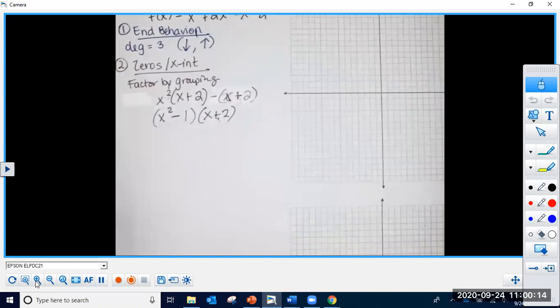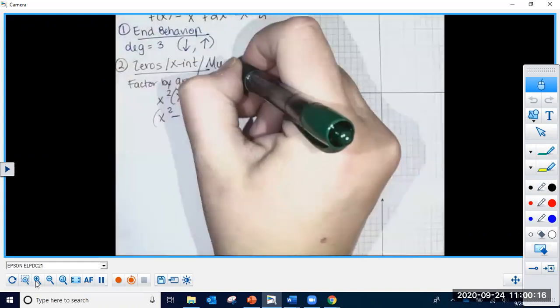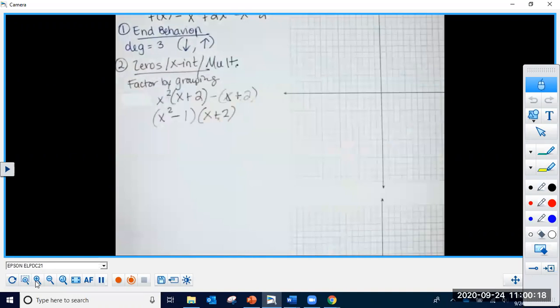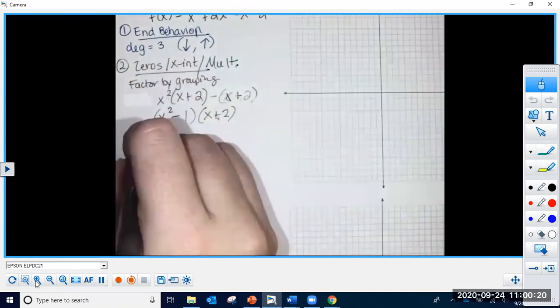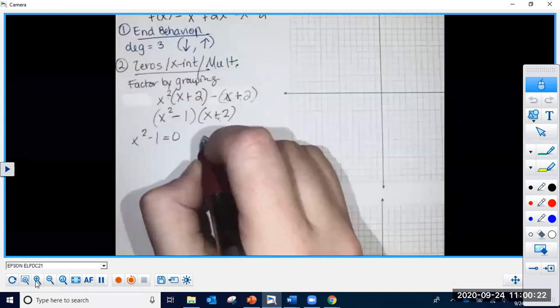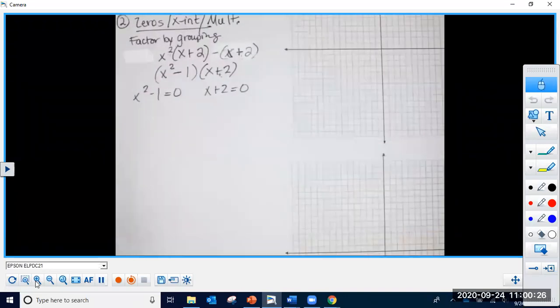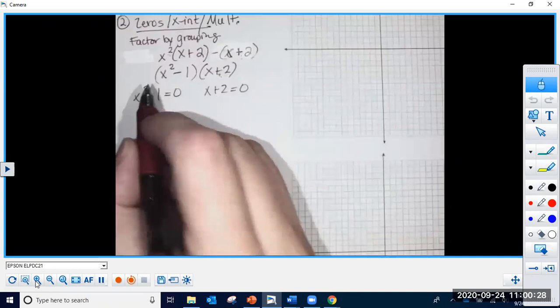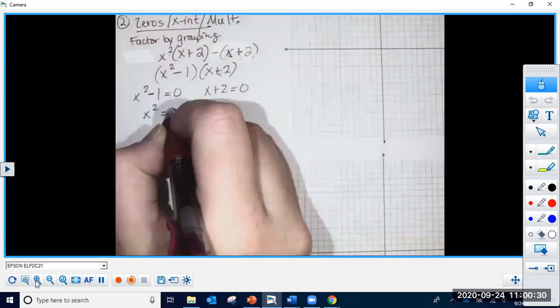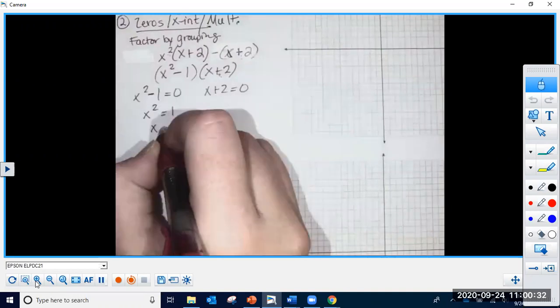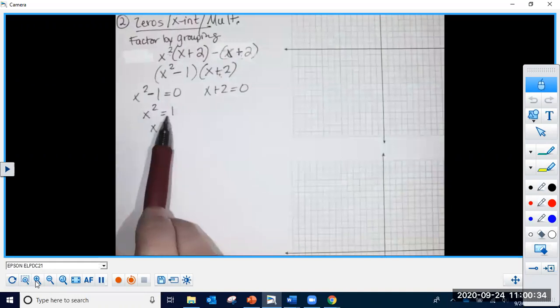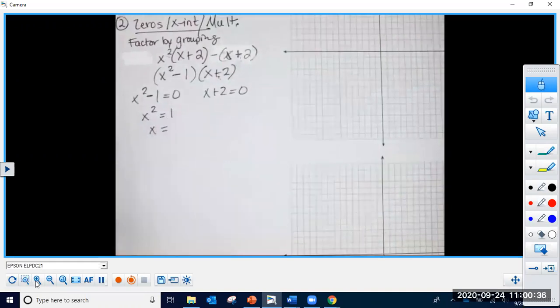Let's figure out what my actual x-intercepts are and what their multiplicities are. So I should have put that up here. So multiplicity as well. All right, if I take x squared minus 1 and set it equal to 0 and solve, take x plus 2, set it equal to 0 and solve, you would add 1 to the side, of course, and then you have to be really careful when you have x squared equals something. A very common thing people forget is to put what?